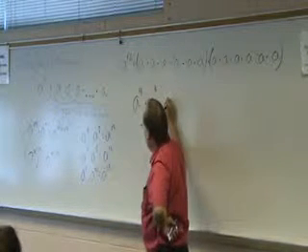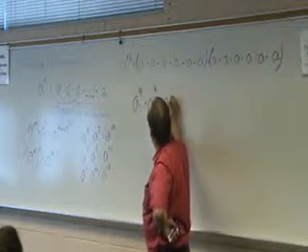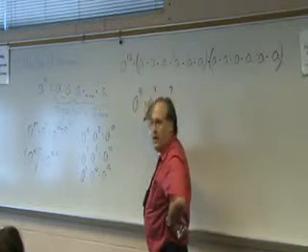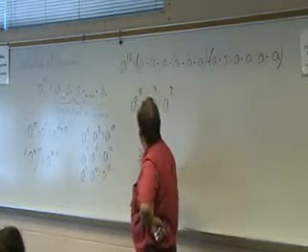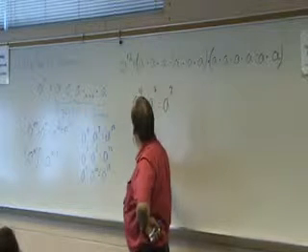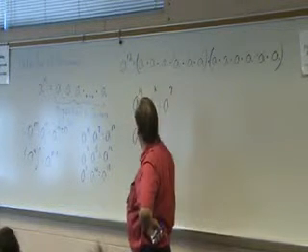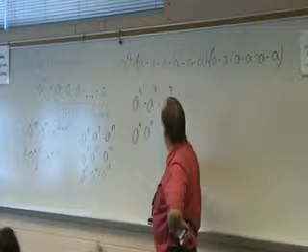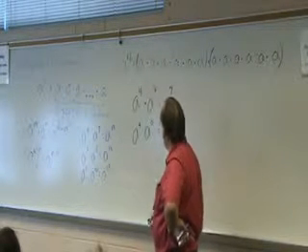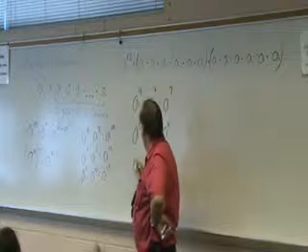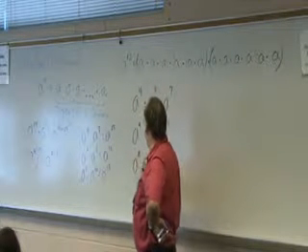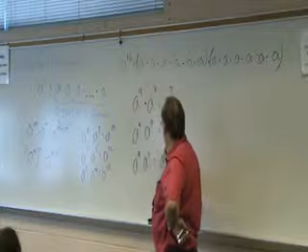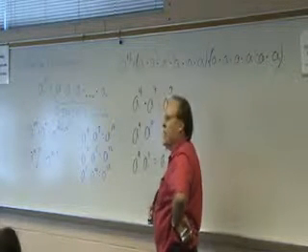That would be a to the 7th, because I have 4 factors of a here and 3 factors of a there. What would happen if I did a to the 4th times a to the 0? A to the 4th. That's interesting. What would happen if I had a to the 9th times a to the 0? A to the 9th, okay?